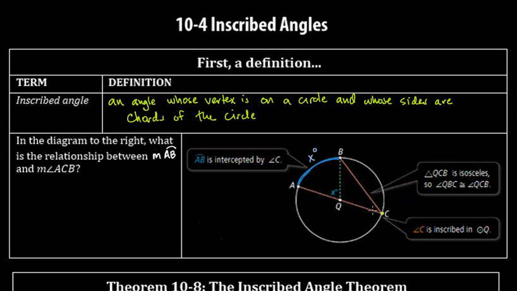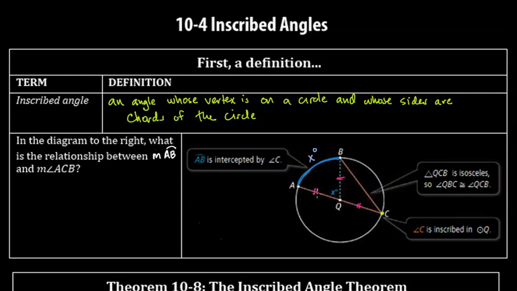Well, if that's true, let's think about what the measure of angle C would be, angle ACB. I'm going to look at triangle QCB. Like it says here, it is isosceles, and the way I would know that it's isosceles is because two of its sides are radii of this circle. So segment QB is a radius and segment QC is a radius, and I know that they would be congruent.